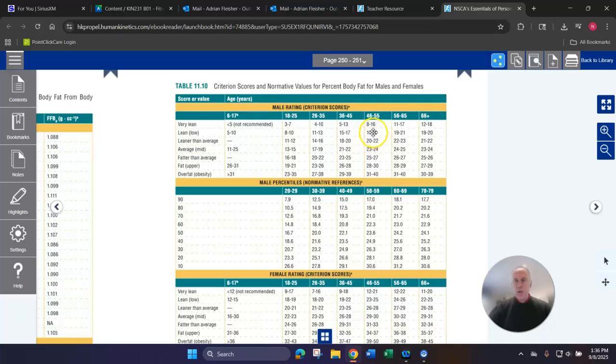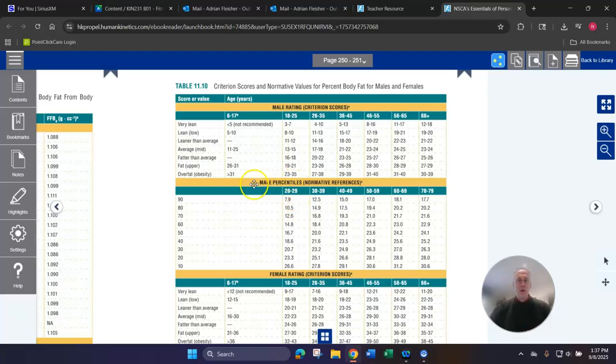Well, they would fall in this category right here, and that score and value would equate to a very lean or low body fat percentage. But notice what happens if the person is maybe 22 years old and they're at 18%. It puts them on the threshold of being fatter than average and even fat. So age matters here, and you have to make sure you have that in your equations for when we talk body density and we use our skin fold caliper measurements.